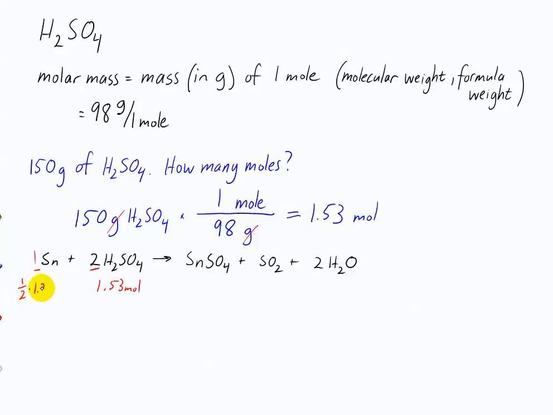Half of 1.53 is about 0.76, right? So if we want to do this reaction and have everything matched up properly, we need 0.76 moles of tin and 1.53 moles of sulfuric acid.